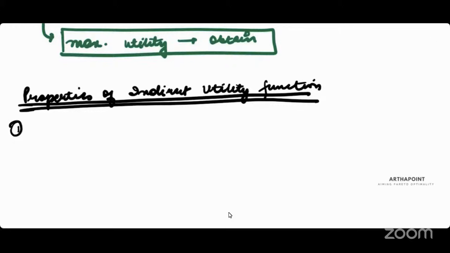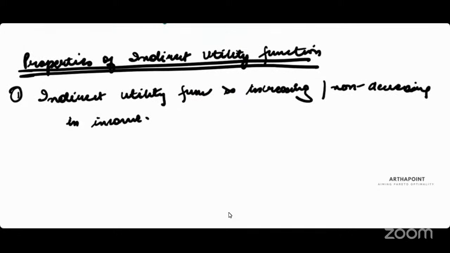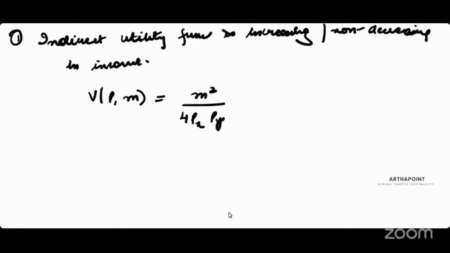So we can write down that the indirect utility function is increasing, and if not increasing, then definitely non-decreasing, in income. Let's take the indirect utility in our case. It was m square by 4 px py. Let's differentiate this with respect to m. What will I get?